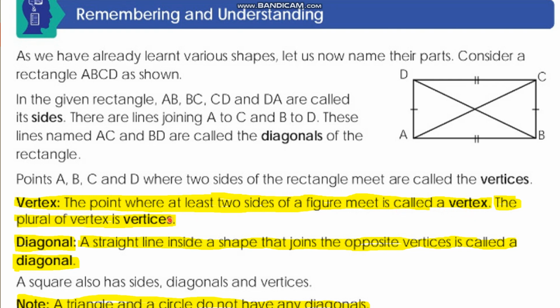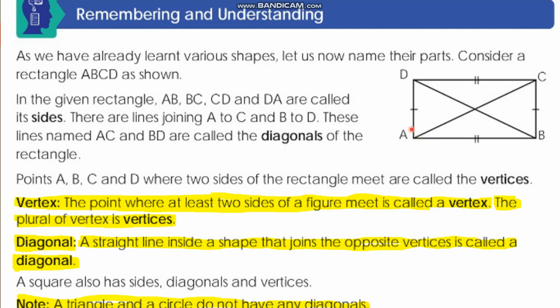Everyone study this line. Okay, what is a vertex? The point where at least two sides of a figure meet is called a vertex. Look, here these two sides are meeting at this point.